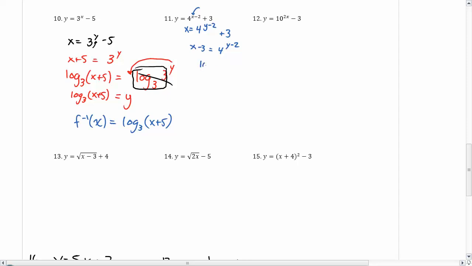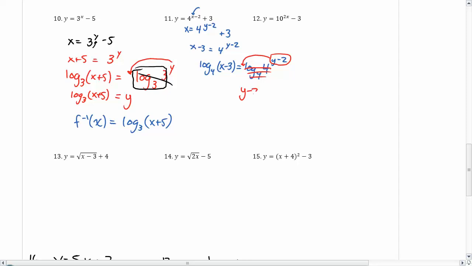So we're going to do log base 4 of x minus 3 equals log base 4 of 4 to the y minus 2. Remember, the reason we do that is this exponent can come down, and log base 4 of 4 is just 1, so it cancels out.